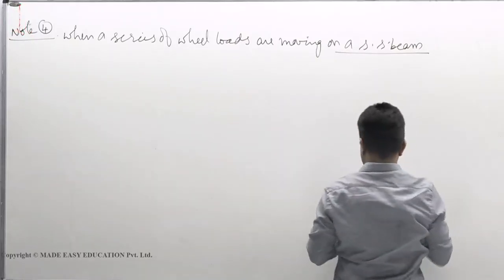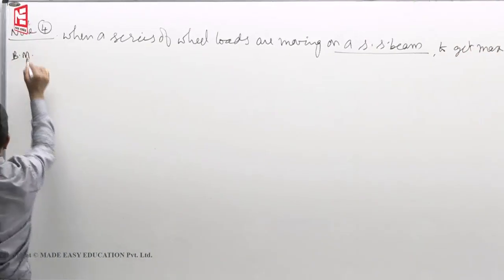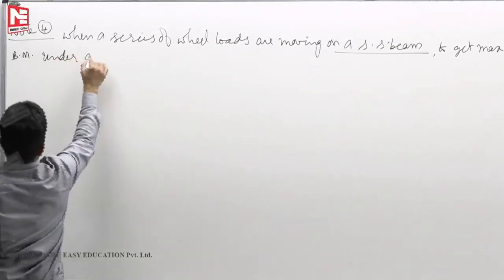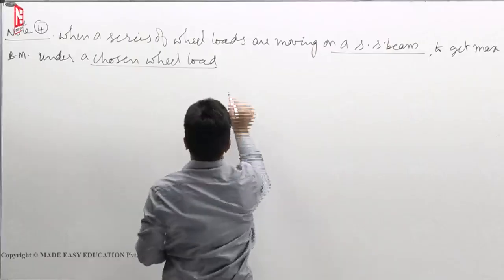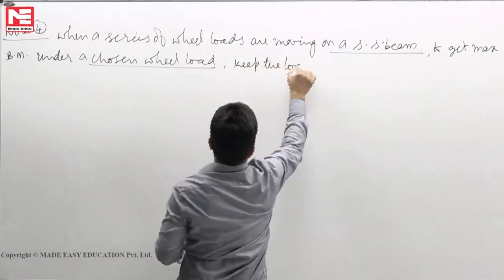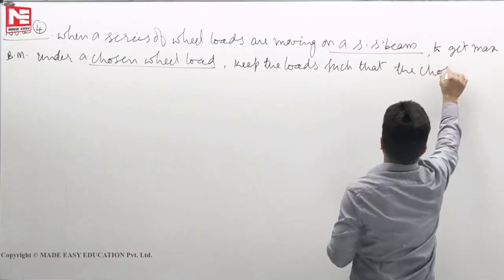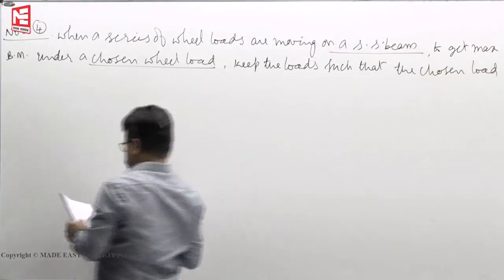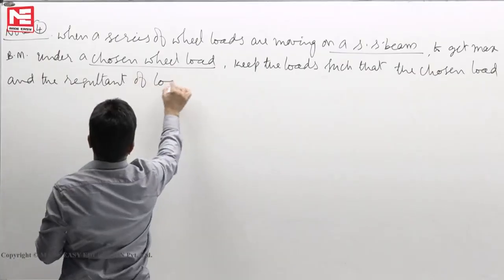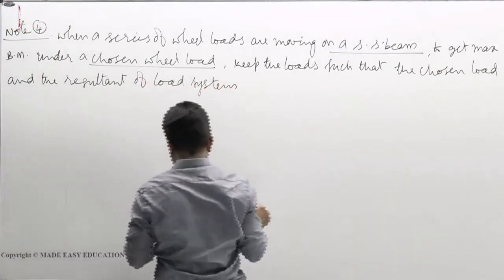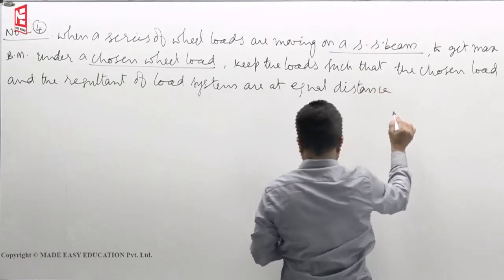Moving on a simply supported beam, to get maximum bending moment under a chosen wheel load, keep the loads such that the chosen load and the resultant of load system are at equal distance from center.